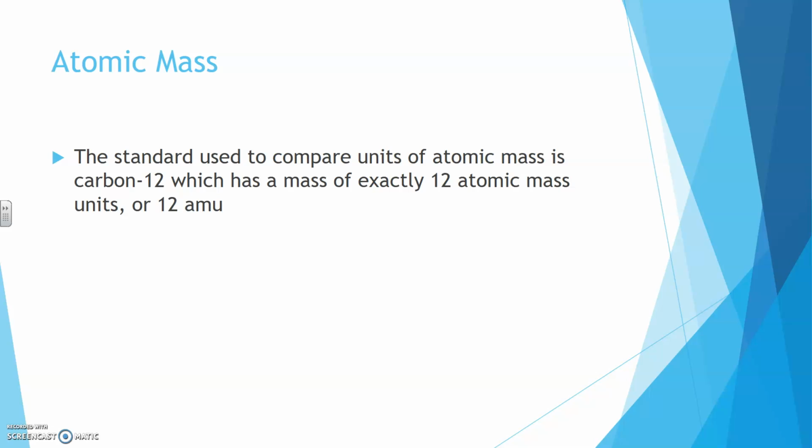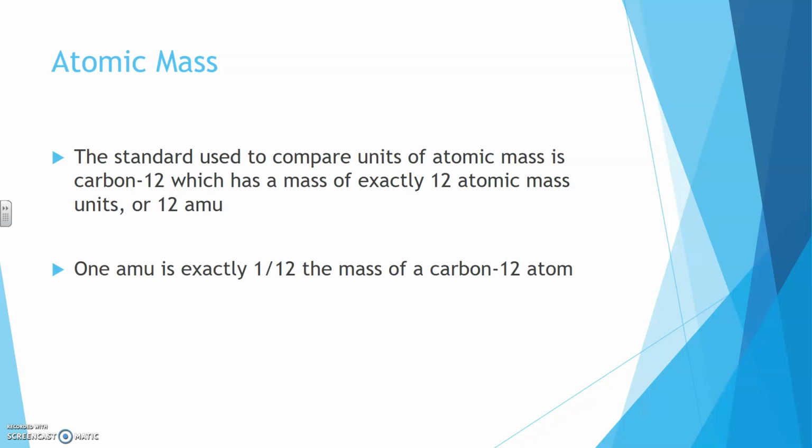So the standard unit used to compare units of atomic mass is carbon-12, which has a mass of exactly 12 atomic mass units, or 12 AMU. So 1 AMU is equal to 1/12 of the mass of a carbon-12 atom.